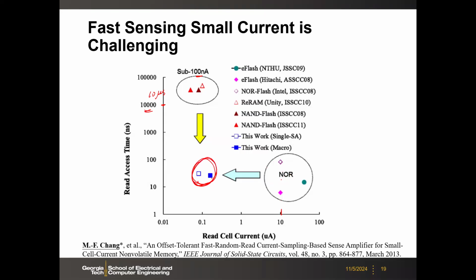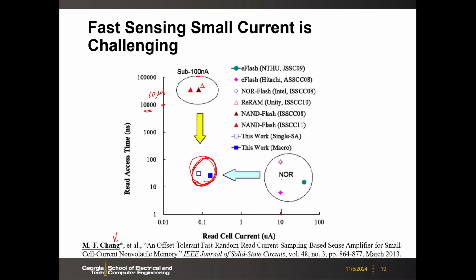That needs innovation in the circuit design. That's why I point out Professor Chang's another paper. If you are interested, you can look into this paper. It talks about some technique to do the fast random read, current sampling based sense amplifier for small currents, like 100 nanoamp, but still you can get tens of nanosecond sensing speed.